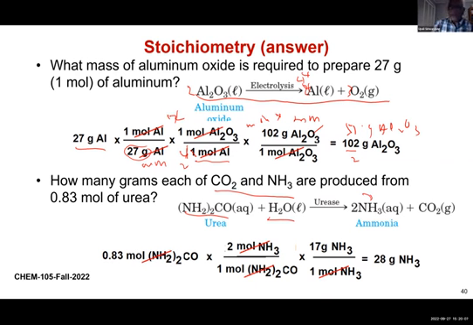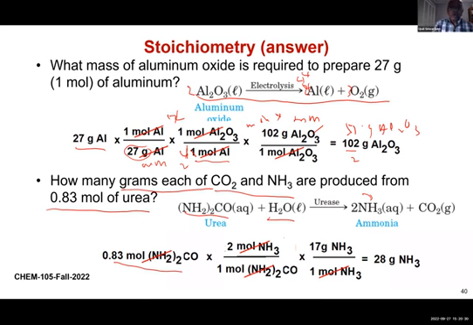So the question is, how many moles of urea? How many grams of each, carbon dioxide and ammonia, are produced when you break it up? Moles of ammonia here.